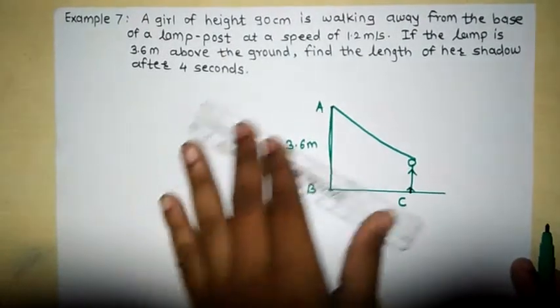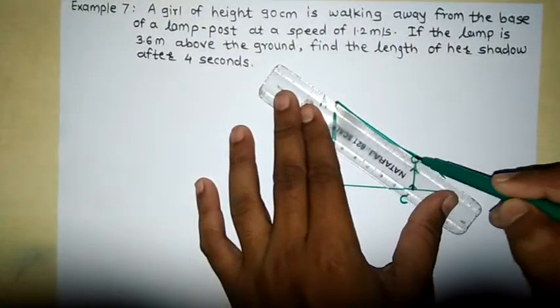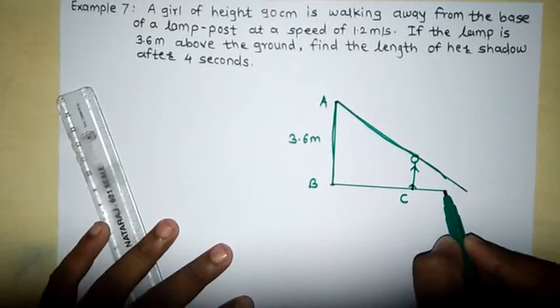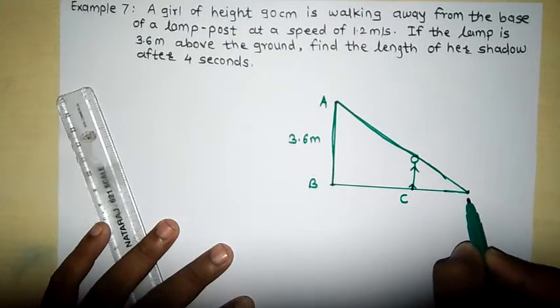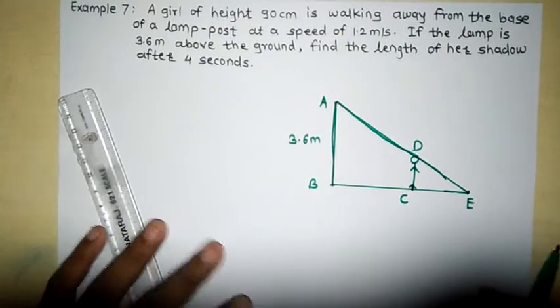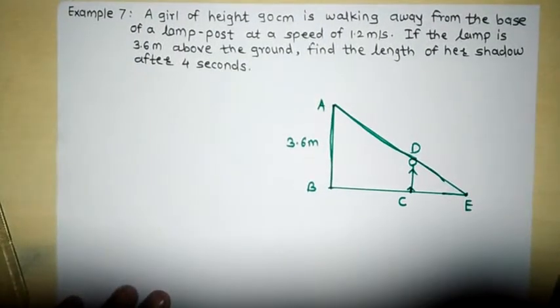Light travels in this way, and it will cut the ground at this point. Therefore, I will mark this point as E and this point as D. Now we can say that CD is the height of the girl.